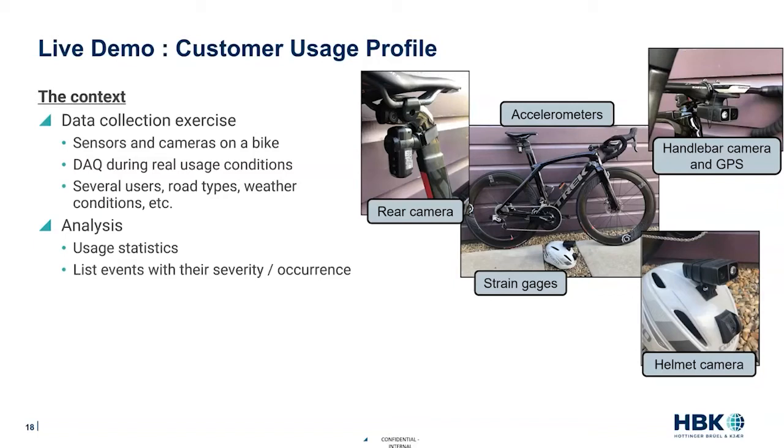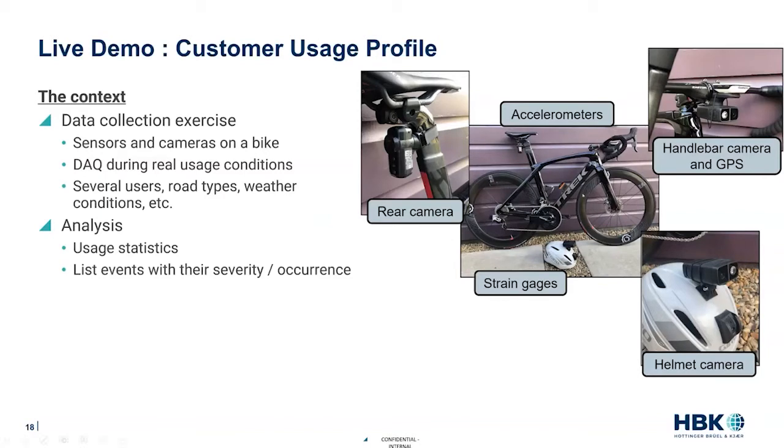What was the maximum torque? And all that sort of stuff, right? And I want also to identify some events with their severity, and then how many times do they occur in real life, right? And so that I can construct my customer profile, right?